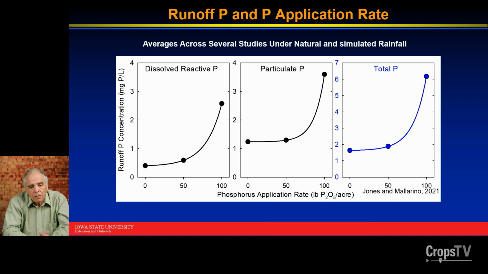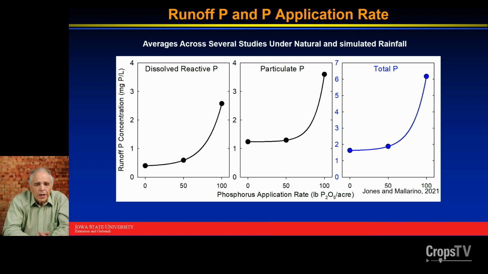So we see that when we apply these 50 pounds, it's a little bit more than with the control, but there is very little phosphorus coming out. And this happens especially when there is no rainfall, no runoff immediately after the application.